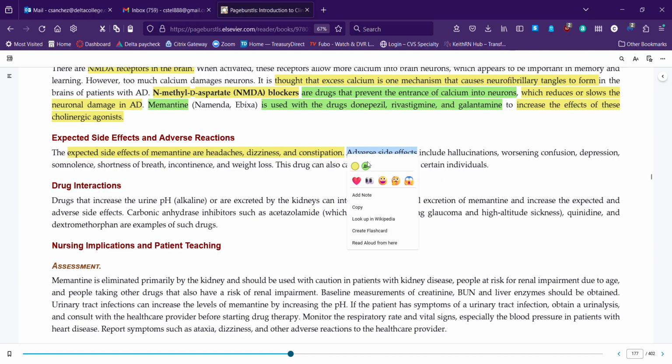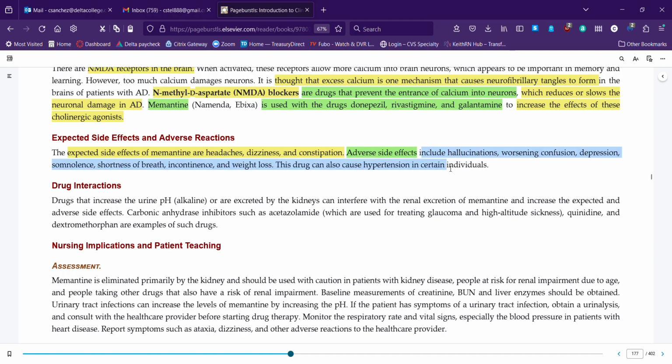And then our adverse reactions. Remember, those adverse reactions or adverse side effects are really the ones that we do not want to see. That's going to be hallucination, worsening confusion, depression, somnolence, shortness of breath, incontinence, and weight loss.